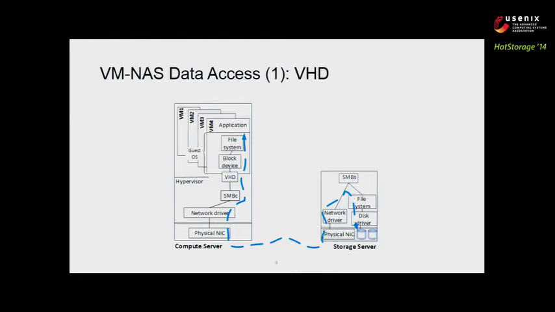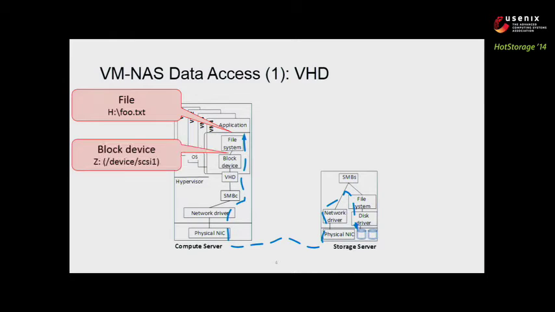When the application performs an access to a file, the request goes through the file system within the guest OS, which transforms the access to the file into a set of accesses at the block level, then performs I/O scheduling and transmits these requests to the virtual block device driver. These requests are then transmitted to the hypervisor, which maps this request to the VHD file on a remote location through SMB and transmits the request through the network.